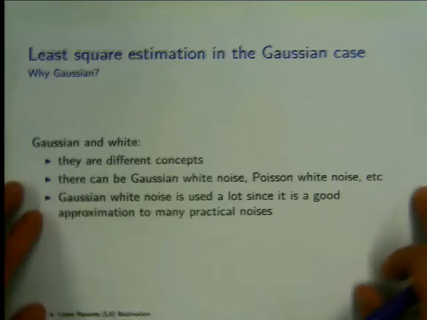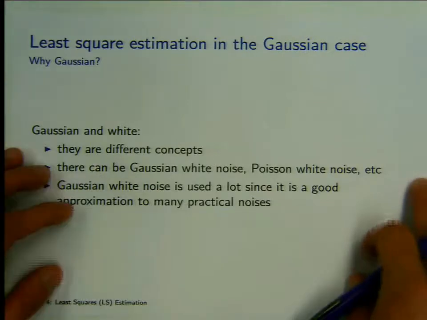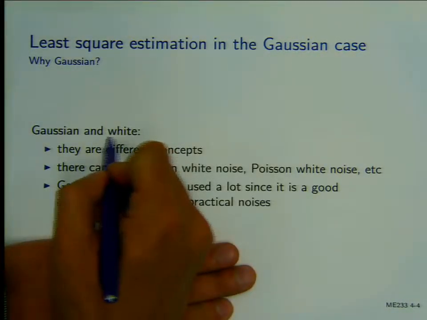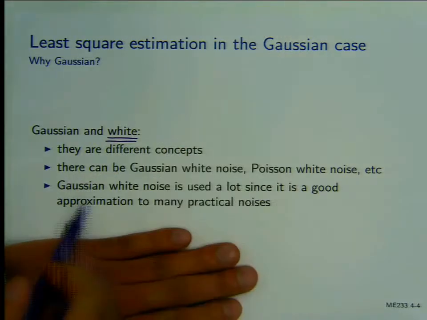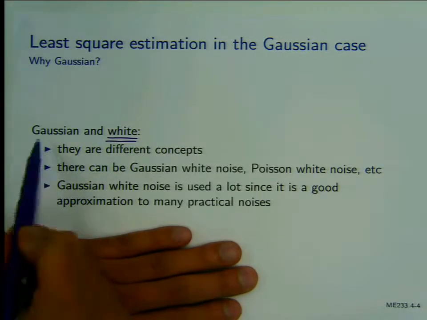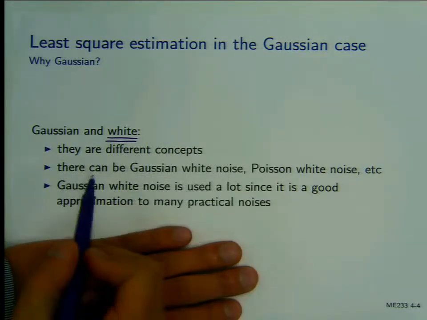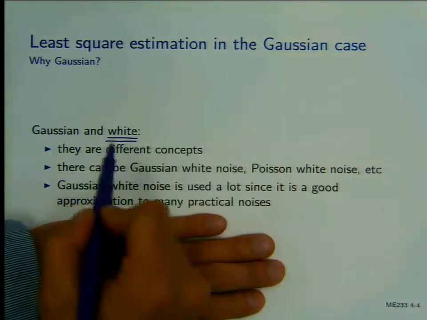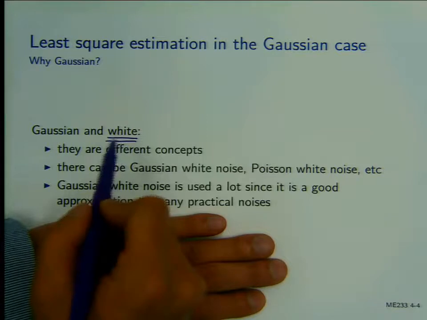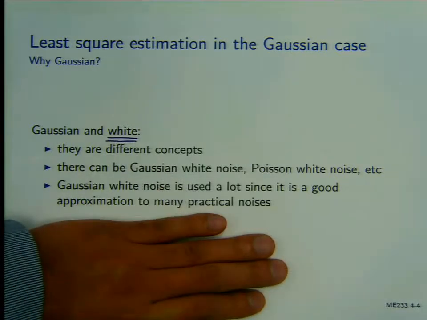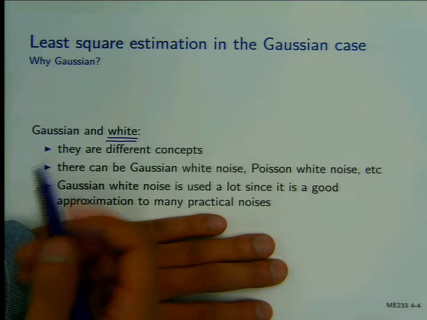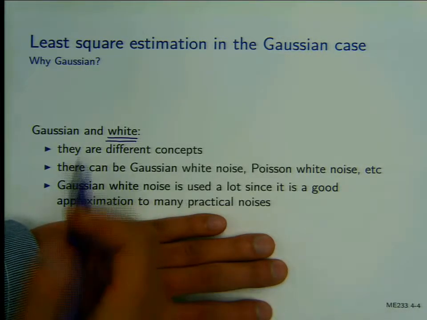of the random vector. So we learned also whiteness of a random process. I want you to understand that Gaussian and white are different concepts, okay? A random process being white, what does that mean? It means xk and xj, if k and j are not equal, are uncorrelated.